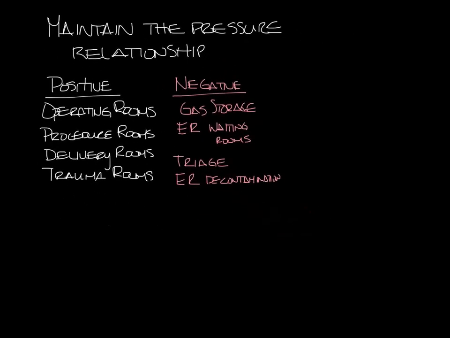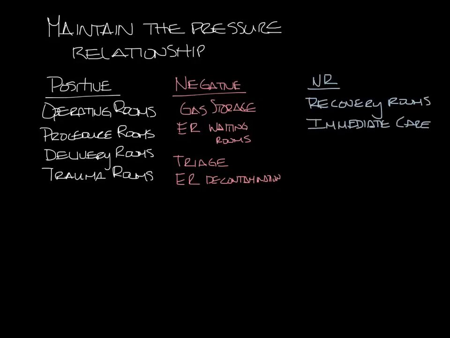There are also some areas that have no pressurization requirement, such as recovery rooms, immediate care areas, intensive care areas, and burn units. So table 7.1 is 3 pages long, so there are a lot of other areas that aren't on this list, but you get the idea of what types of spaces are kept positive or negatively pressurized.